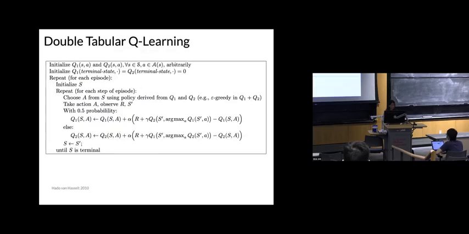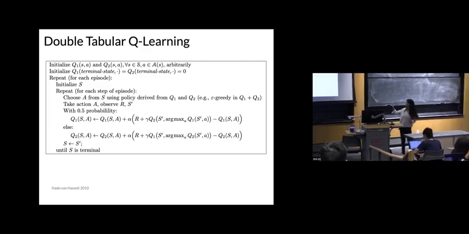Here is how the pseudocode looks: off-policy TD control, exactly like Q learning, but now we have two Q functions. You initialize them randomly, and then you repeat. You sample an action from the epsilon greedy policy derived from the average of Q1 and Q2, and then with 0.5 probability per transition, you update either Q1 or Q2.